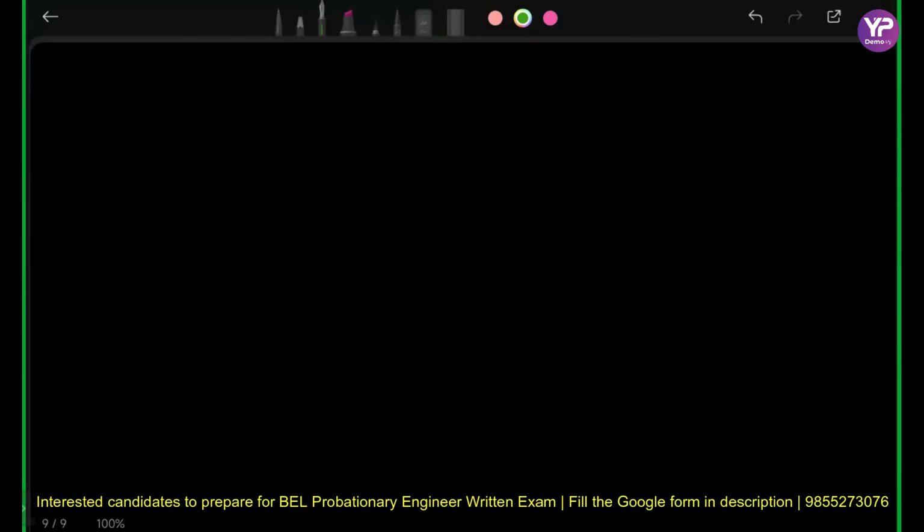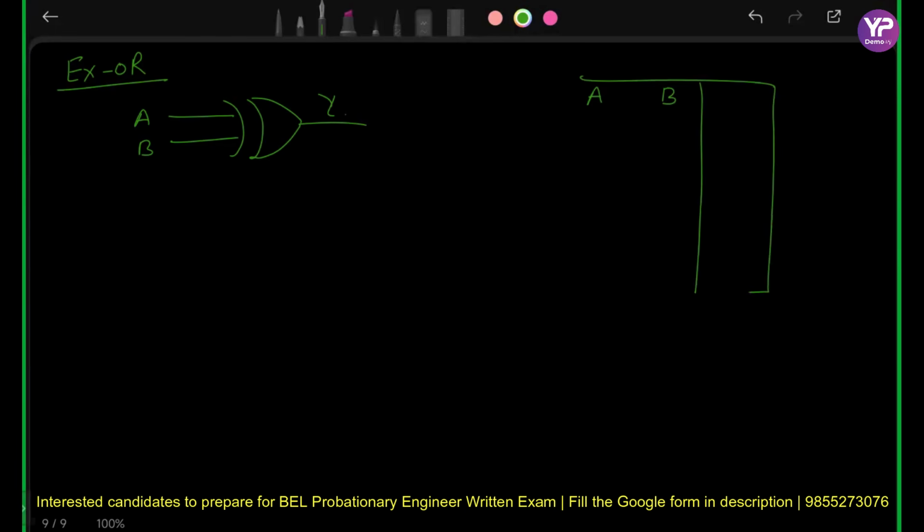The last two gates are XOR and XNOR. The symbol for the XOR gate has inputs A, B and output Y. If I make the truth table, A, B: 0 0, 0 1, 1 0, and 1 1.